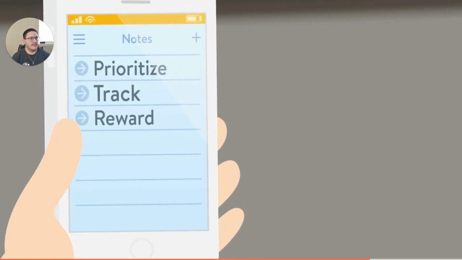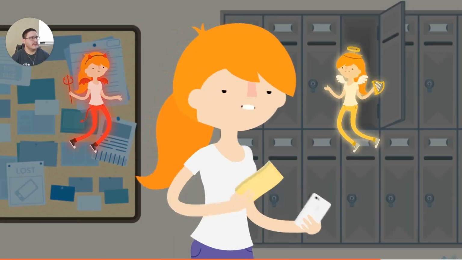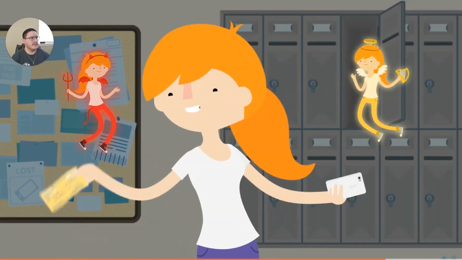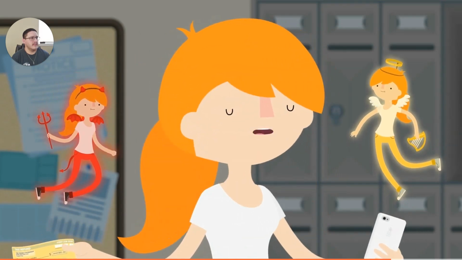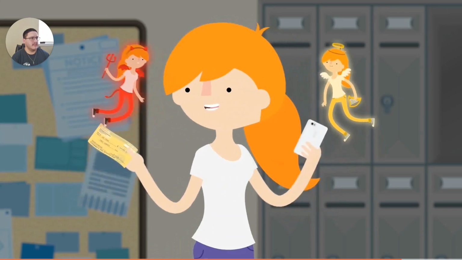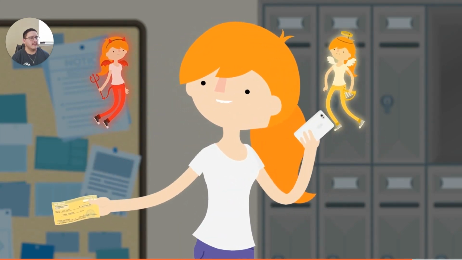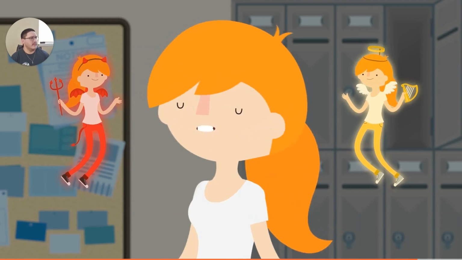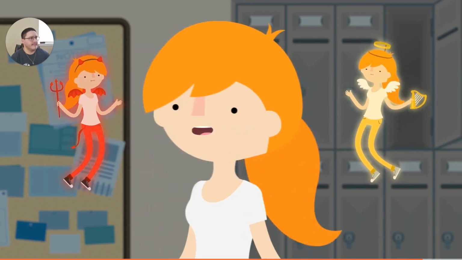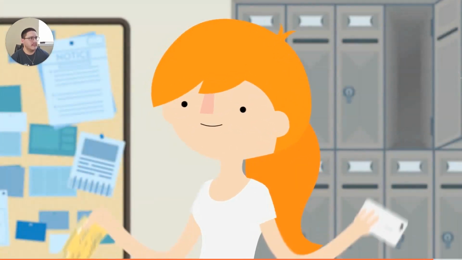Can't wait. Prioritize, track, reward. This is going to go toward my emergency fund and my new laptop. Except for $5 that's going toward a fancy coffee. Look, I know that spending money isn't good, but it also isn't bad. I'm the one who needs to be responsible, and I can do that by prioritizing my goals, tracking my spending, and rewarding myself for creating smart financial habits. I can't let my ideas of what's good or what's bad make my spending decisions for me. You can't? Cool.